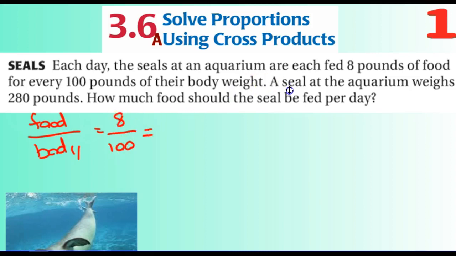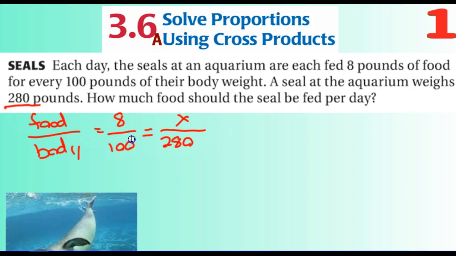What we're looking for is how much food the seal should be fed if they weigh 280 pounds. The seal weighs 280, so I'm going to put 280 down here in their body weight. Their food, we don't know, so I'm going to put X.